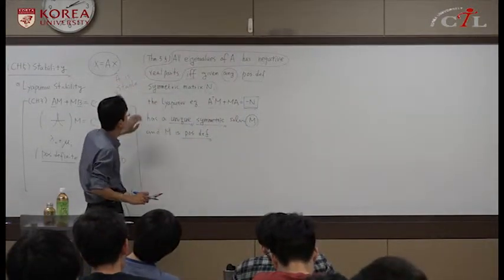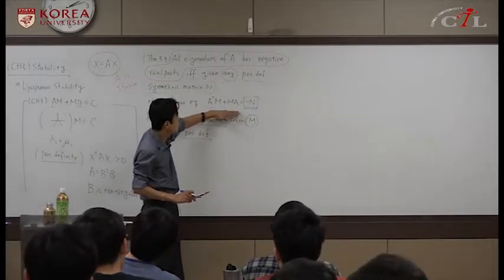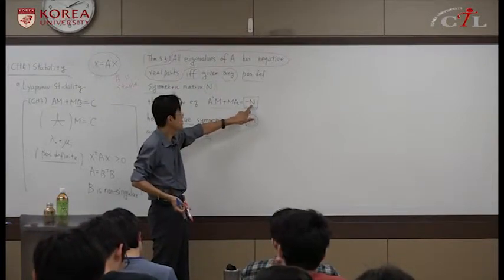In other words, A is stable if this Lyapunov equation is satisfied for any N. N could be any arbitrary positive definite matrix.